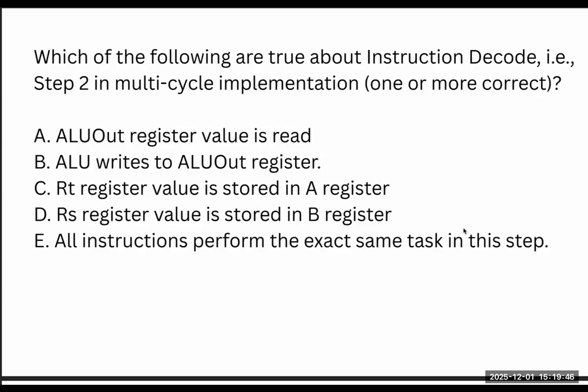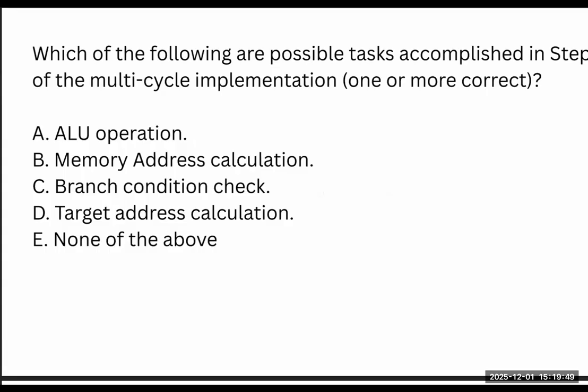All right, next one. Which of the following are possible tasks accomplished in step 3 of the multi-cycle implementation? Again, one or more are correct. And the answers are A, B, C, D. So ALU operation, R type instructions, add, sub, etc. I type instructions, addi, etc. And memory address calculation, LW, SW, base address plus offset.